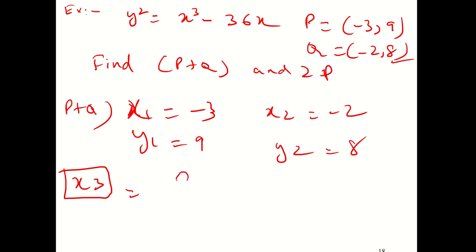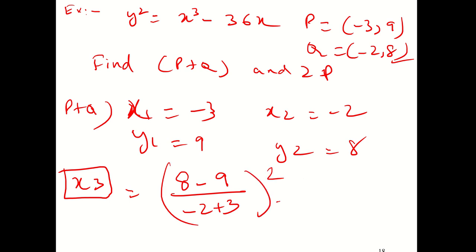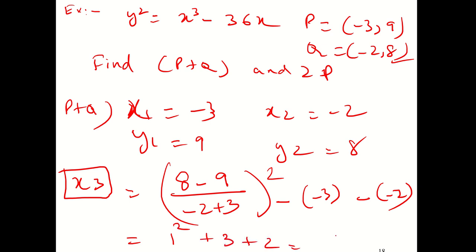So it is (8 minus 9) by (minus 2 plus 3), whole square, minus (minus 3) minus (minus 2). So this is 1 square plus 3 plus 2, which is equal to 6. This is x3.